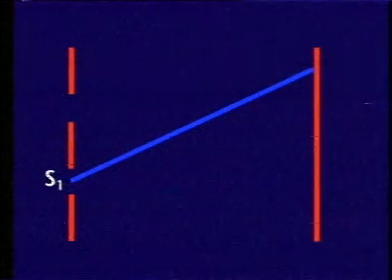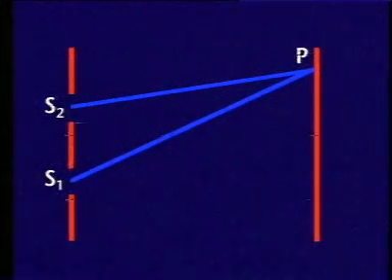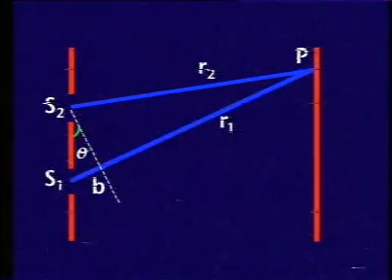In order to analyze the interference pattern, we consider light waves from each slit S1 and S2 that combine at an arbitrary point P on the screen C. The point P is at a distance of R1 from slit S1 and R2 from slit S2. We draw perpendicular S2B on line S1P so that PS2 and PB have equal lengths.